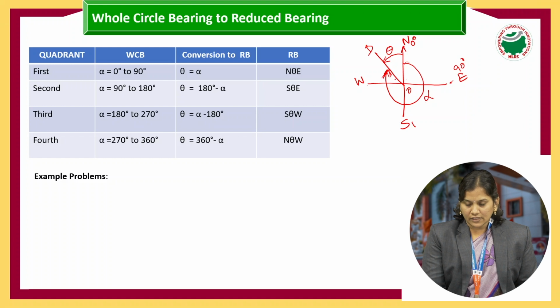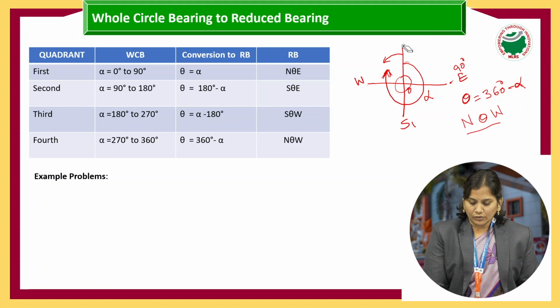So when our survey line is in the fourth quadrant, theta is calculated as 360 degrees minus alpha, since the total value is 360 degrees. Got it? 360 minus alpha gives the theta value. The directions again: we are measuring from north towards west, north theta west. In this way we convert whole circle bearing to reduced bearing.